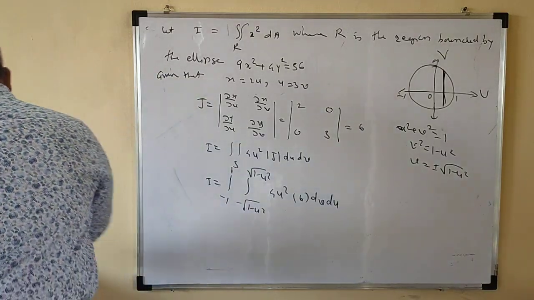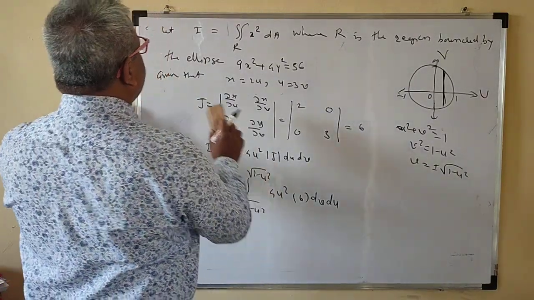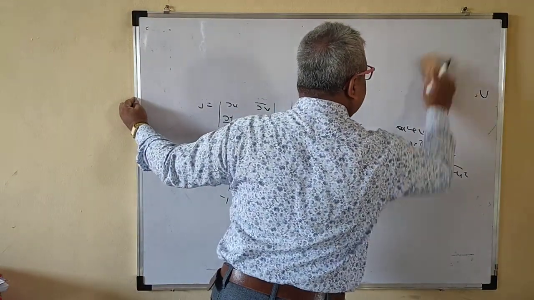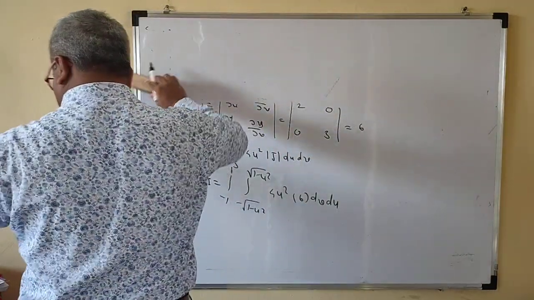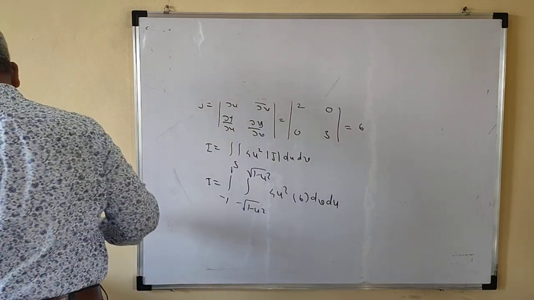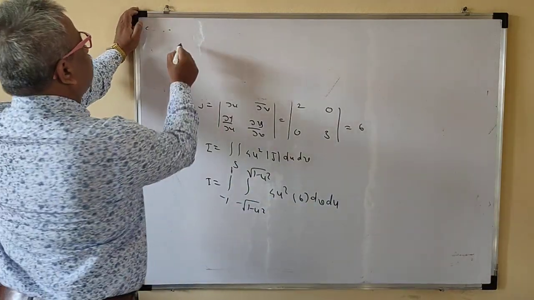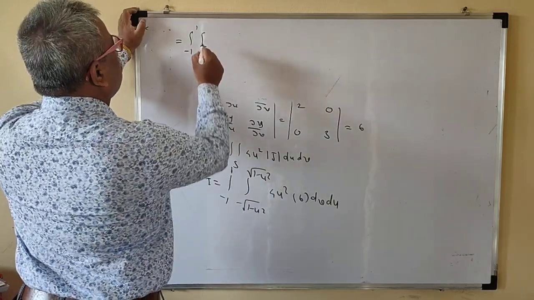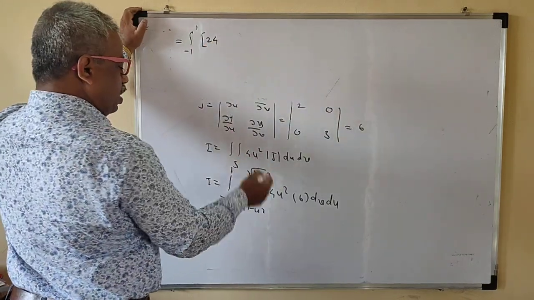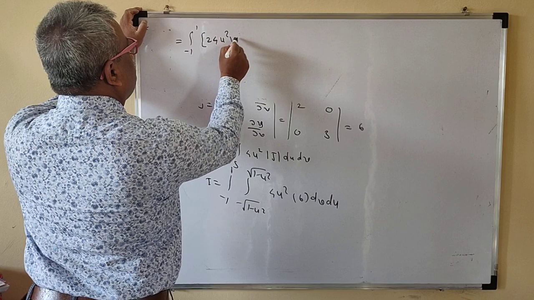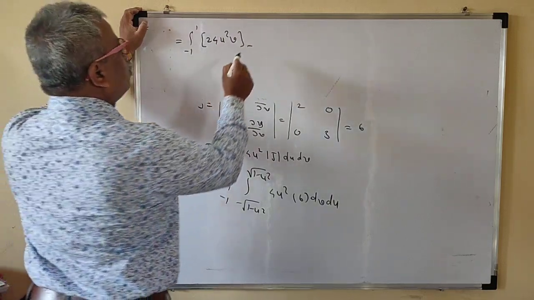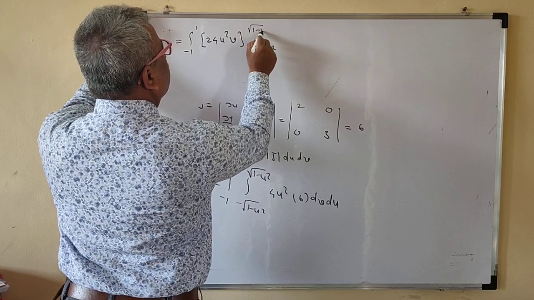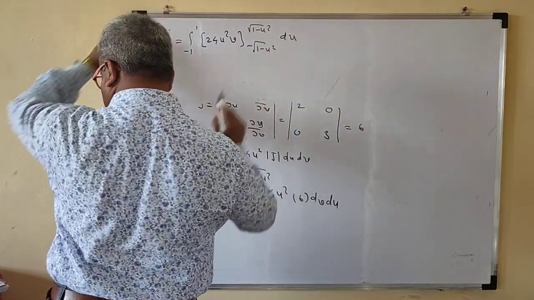Okay. So now we'll integrate this. So this is what then, -1 to 1. So this is what, 24. Okay, u square v. This is minus root of 1 minus u square to root of 1 minus u square du.